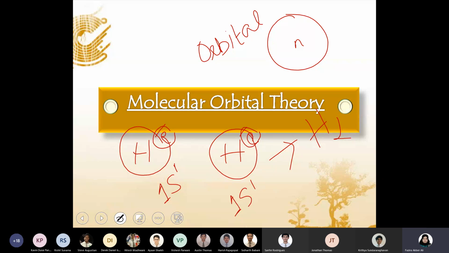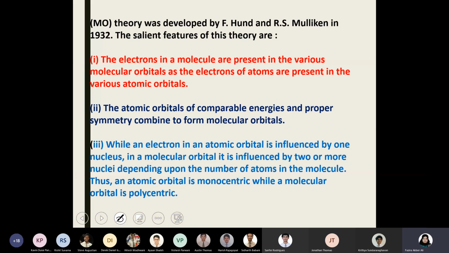But after the combination, these electrons which are shared are now under the control of both the nuclei, both the atoms, right? The molecular orbital concept was put forward by Hund. You have already learned about Hund's rule. Same scientist. And Mulliken. Mulliken is related to electronegativity. The Mulliken scale is electronegativity. He was the one who was researching that kind of topic.